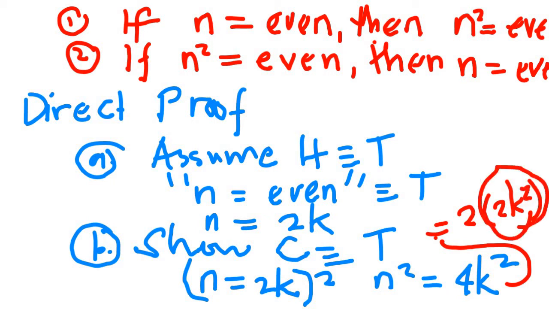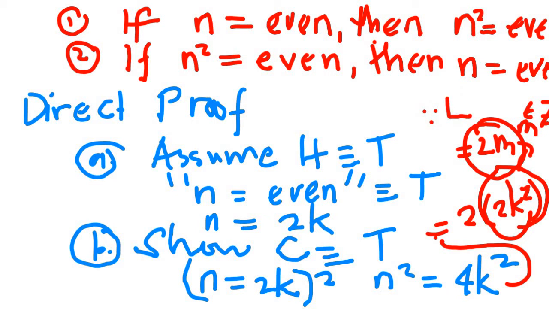And if you let this be any number, maybe m, which is also an integer, therefore this will become equal to twice m, and therefore that is an even number. So this direct proof takes care of the first one.